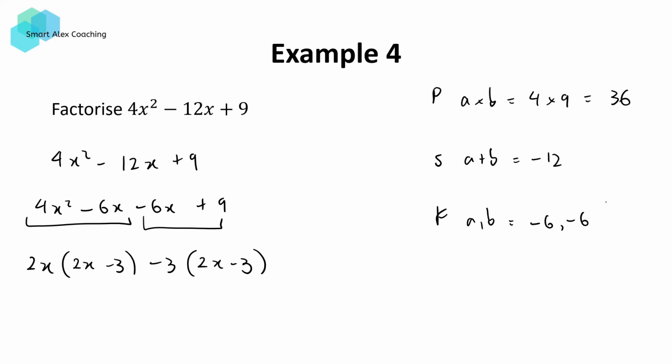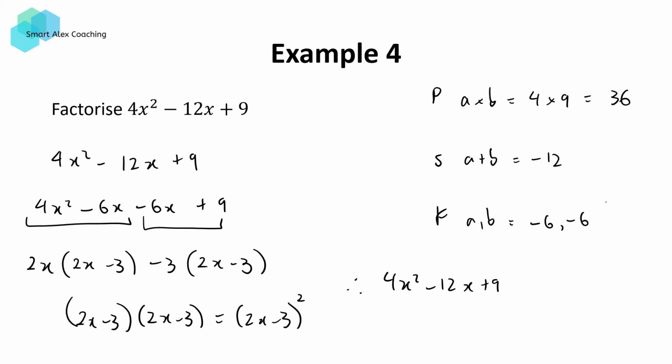Pay attention that we get a negative 3 on the outside here because we need negative 3 times negative 3 to give a positive 9. Tidying that up, we're going to get 2x minus 3 times 2x minus 3, or simply 2x minus 3 in brackets squared. Therefore, 4x squared minus 12x plus 9 is equal to 2x minus 3 all squared.